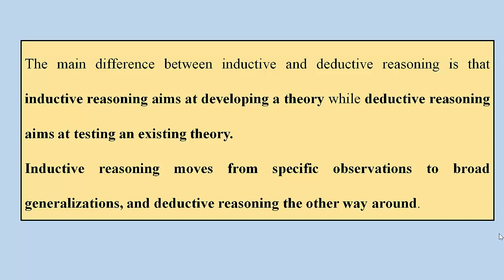I will collect data from some samples, and at the end I will test that theory: really, does the use of the mobile lead to headache in students or not? So what is inductive reasoning basically? In inductive reasoning, through the observation, you carry out your survey and develop a theory. And in deductive reasoning, the theory is already there and we should test that theory.